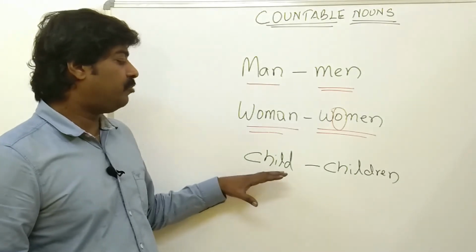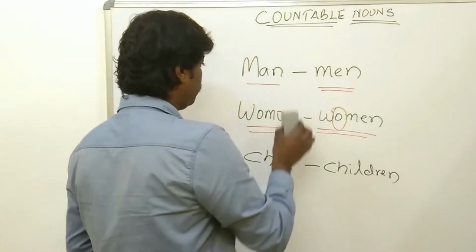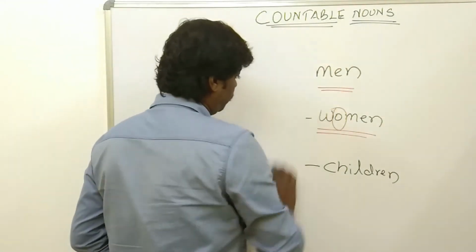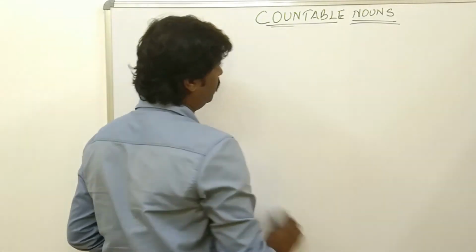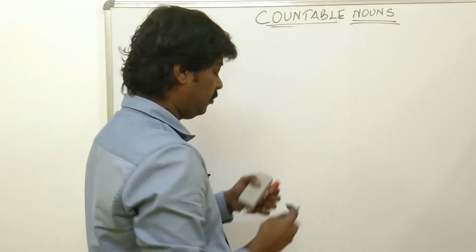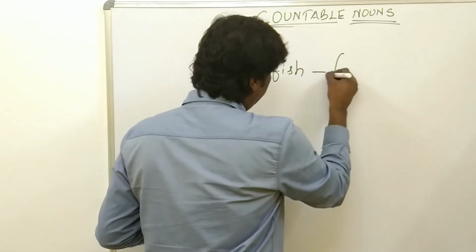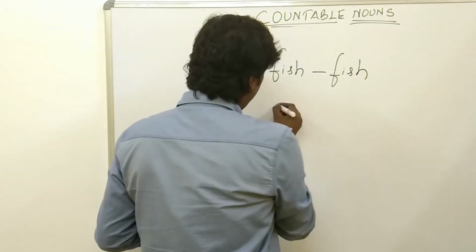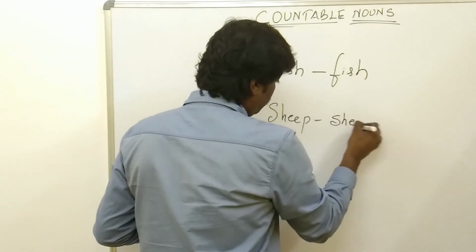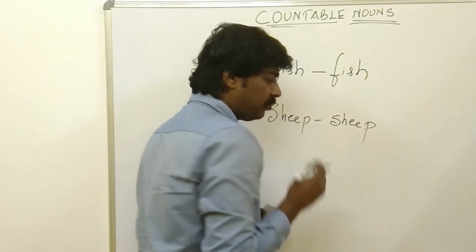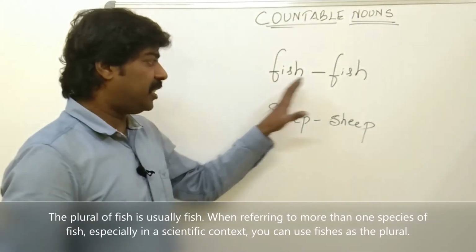The plural form of child is children. The plural form of fish is fish.